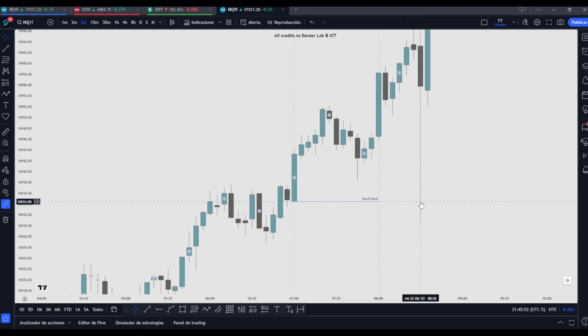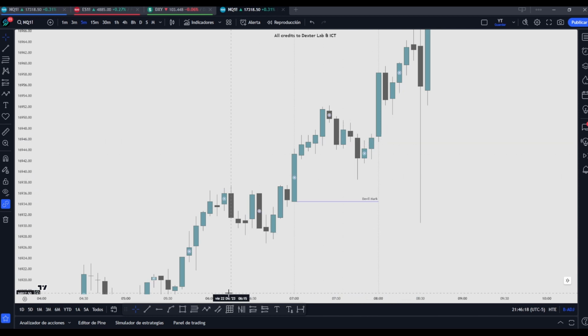Why don't I count this low as printing the devil mark? Because if it's a 1 hour power of 3, this means we have 1 hour for price to print the low. After that, that devil mark is cancelled. So 7 to 8 a.m., no devil mark. This is a failed devil mark.